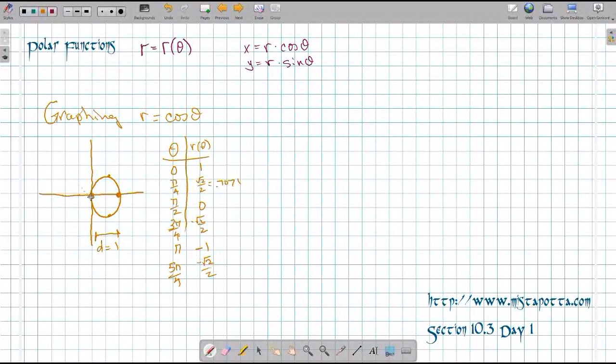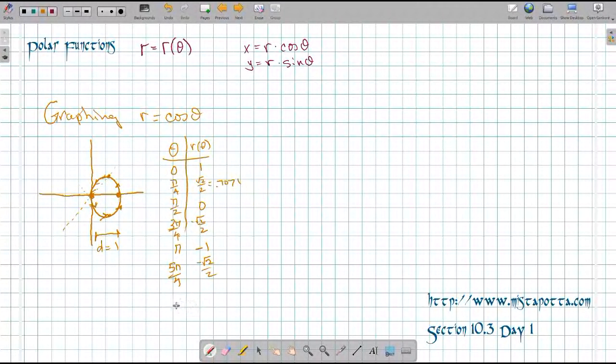So for this angle, I actually get reflected back to this point. And so this graph ends up tracing itself twice. Once from 0 to pi, and another time from pi to 2 pi.